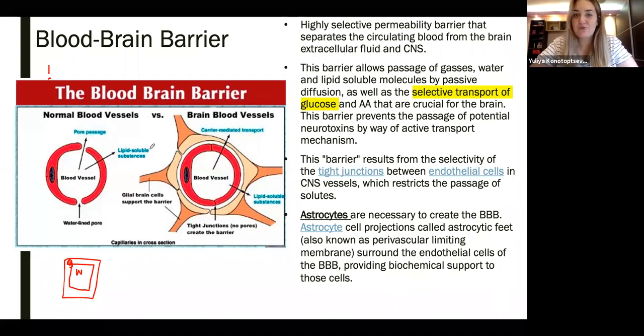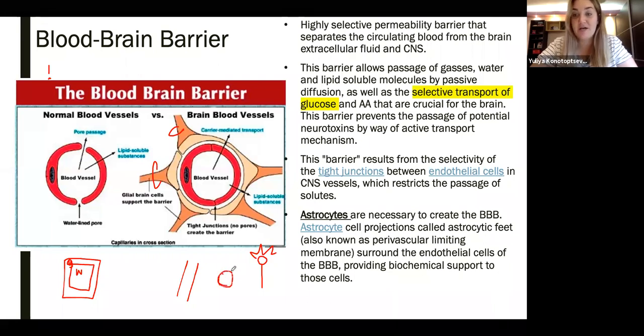As you remember, astrocytes have lots and lots of foot processes, and these foot processes are touching two things. If here we have a neuron with the axon, cell body, and dendrites, and here we have a blood vessel, in between these two structures you will always find an astrocyte.